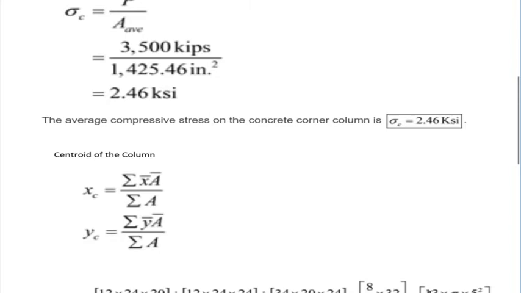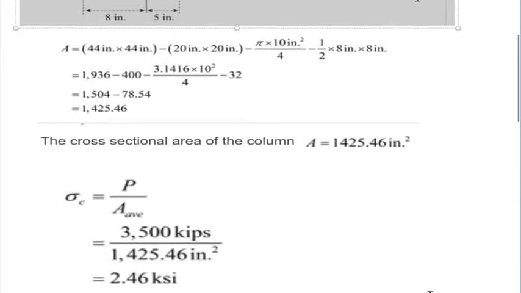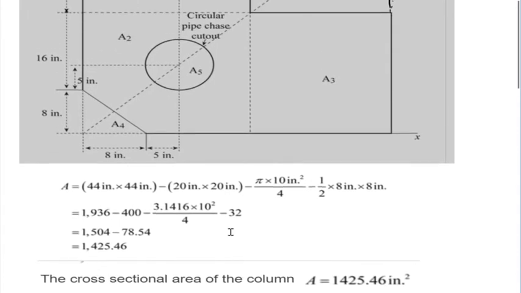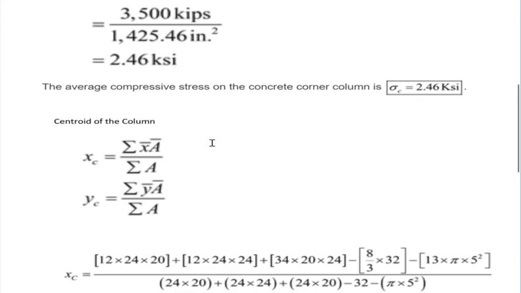And here 13 times pi times 5 squared would be 13 inches, 8 plus 5, as we can see in this graph, times the area using the radius. And we divide all of that by the total area, which would be the 3 initial areas minus the 2 areas that we subtracted.